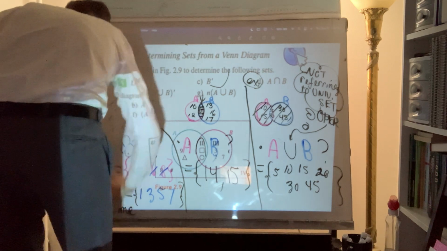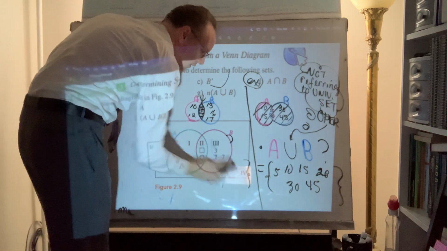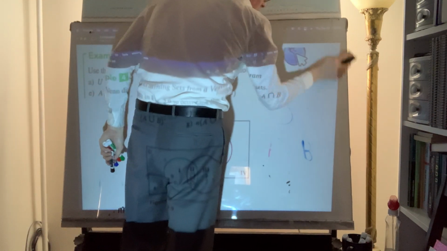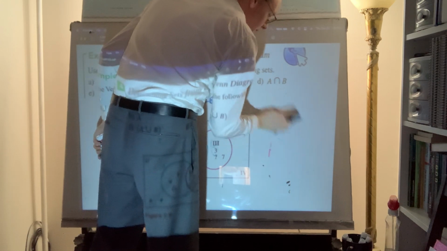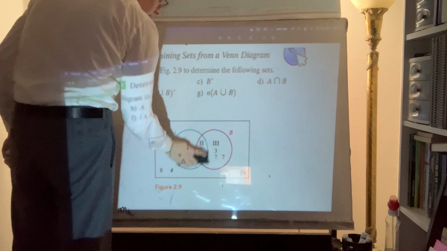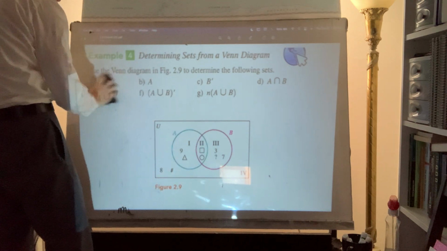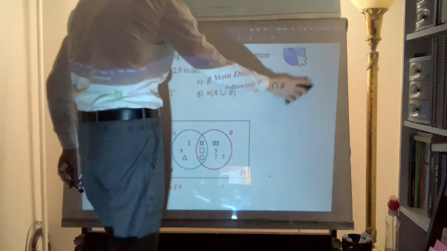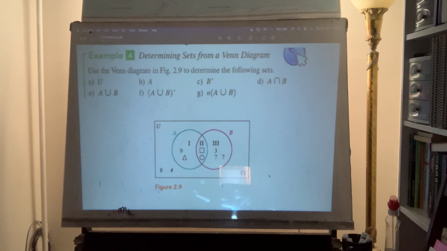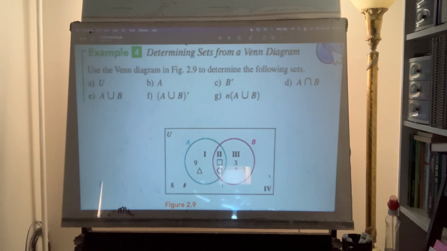To elucidate, I need to wipe it clean here. Zero in on figure 2.9 apparently is how it's designated here. And we'll try to answer each of these questions, just given this picture. If I could zoom in a little bit, that's better.